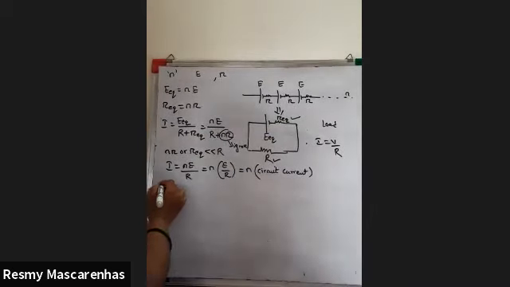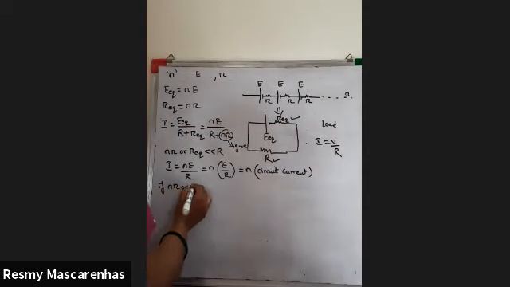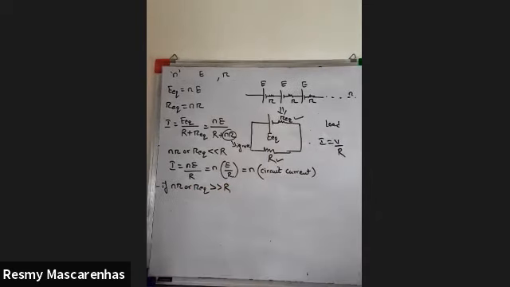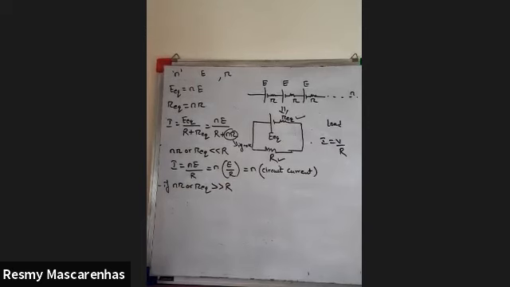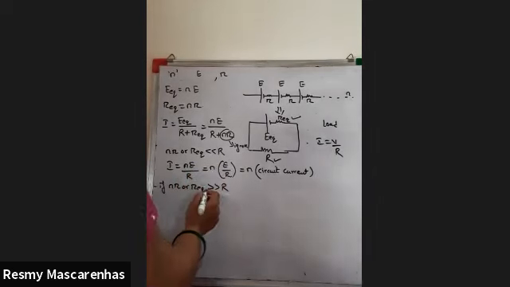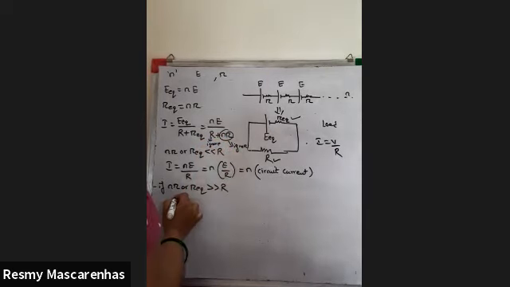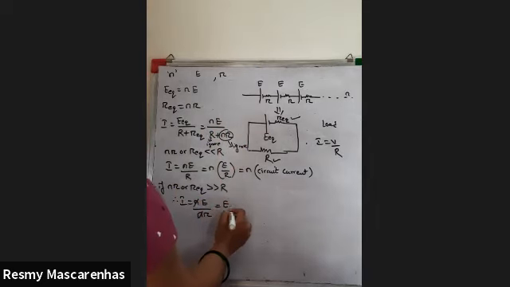Second case, if NR or R equivalent is very greater than capital R, that is, internal resistance is large compared to load resistance, external resistance is small. If this is the case, then this term we are going to ignore. So therefore I will get NE upon NR. NE upon NR, so N and N cancel out, E by r.